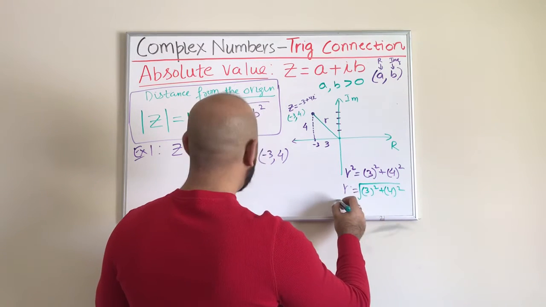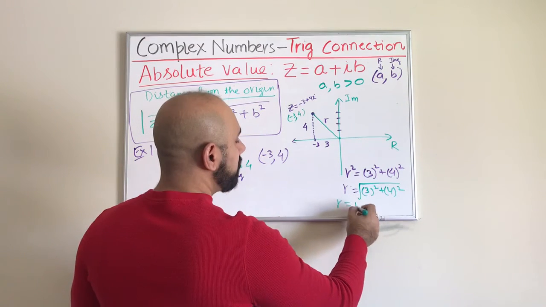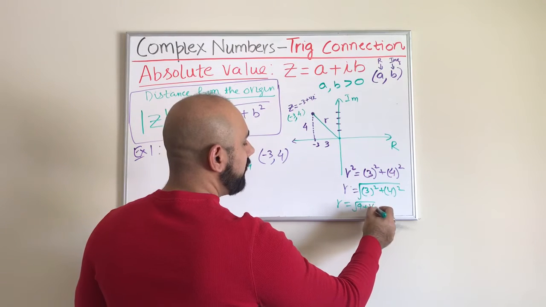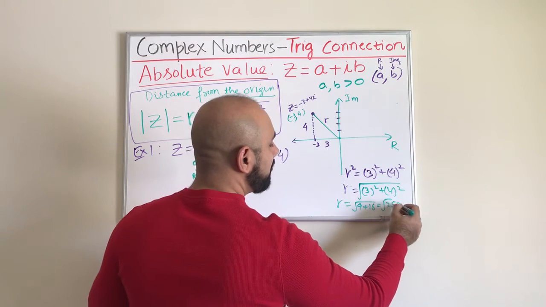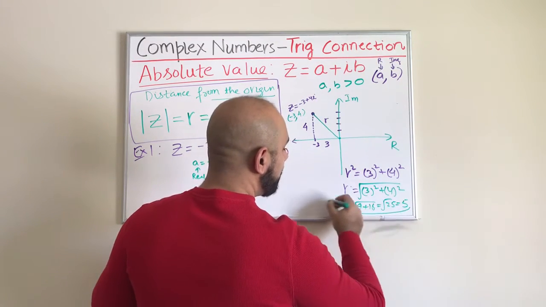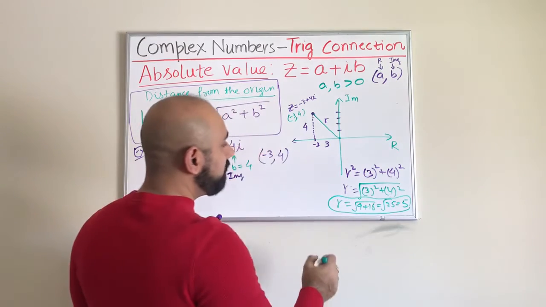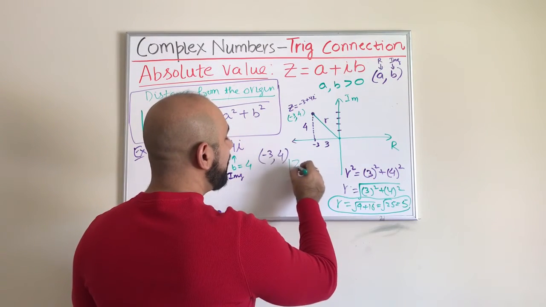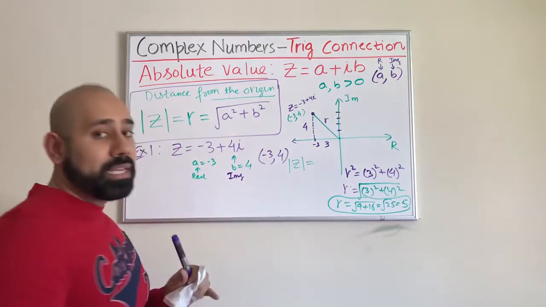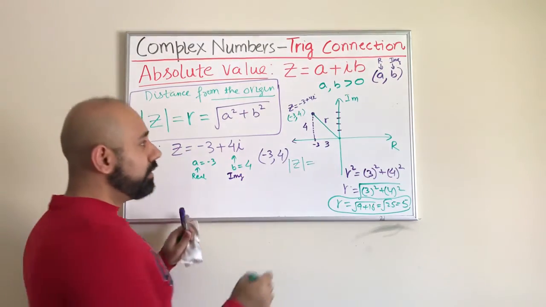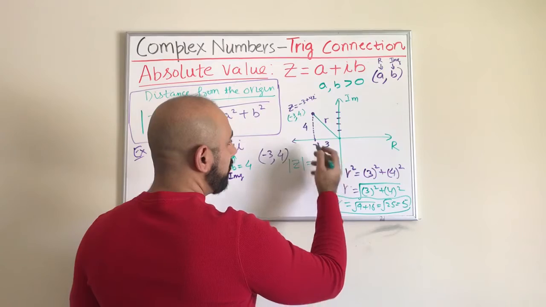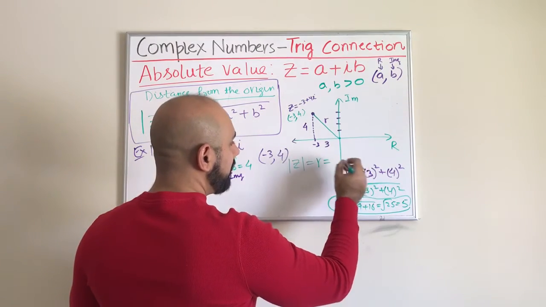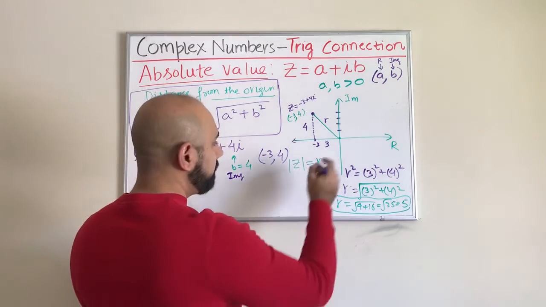And when we simplify this, it's going to be the square root of 9 plus 16, which is the square root of 25, guys, which is just 5. So that means the length of the hypotenuse is 5 units, and that is exactly what the absolute value means. It is just the distance from the origin, which is represented here by the length of the hypotenuse, which is r, and that is equal to 5.